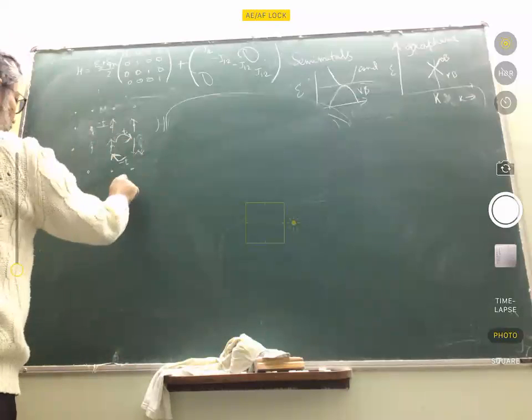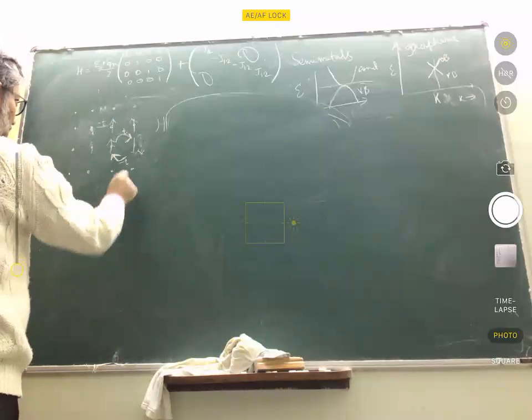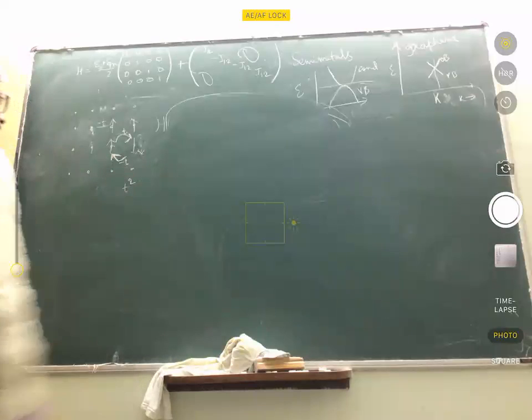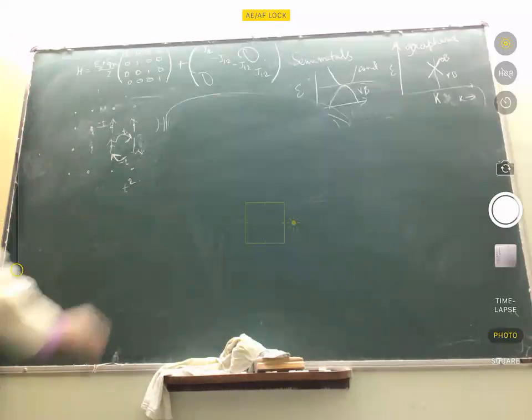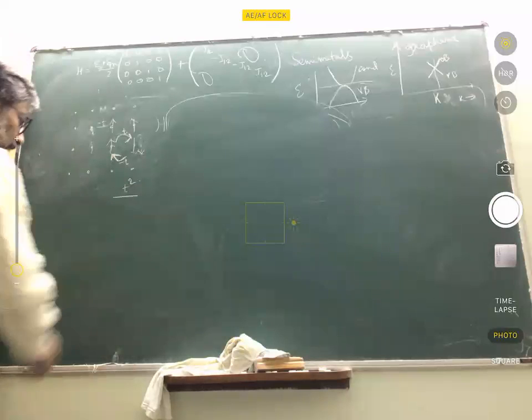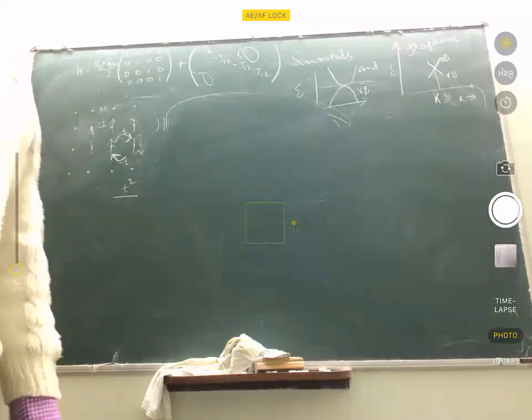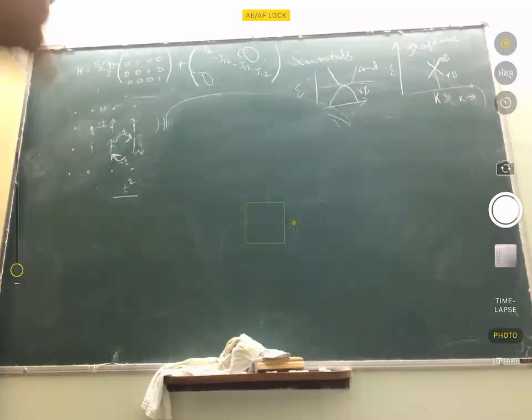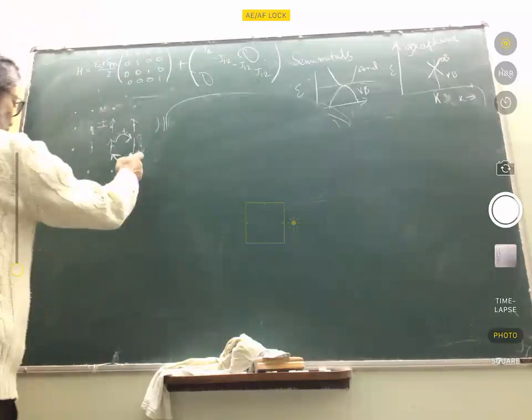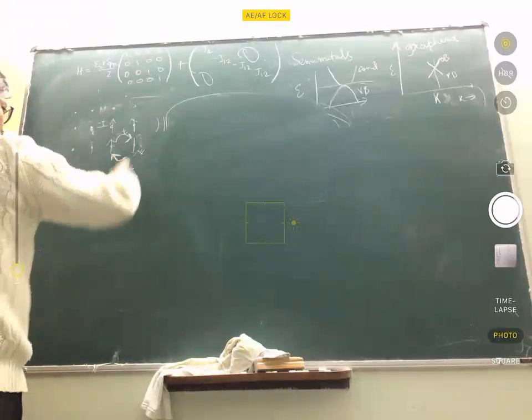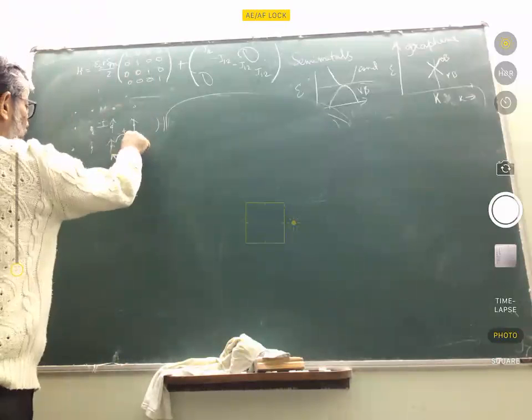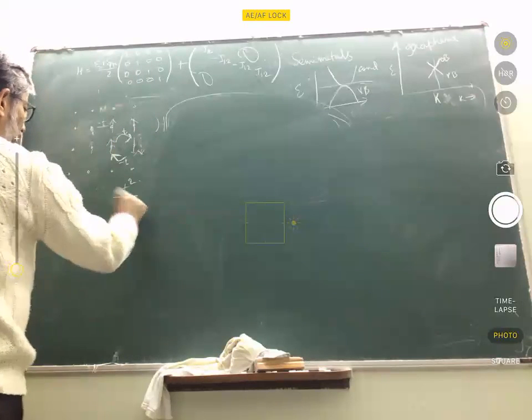So there are two processes. You get a T squared in the numerator, and then in the second order perturbation you get an energy denominator, which is the difference between the ground state and the excited state you are considering. When two electrons are on the same site, you have a U.